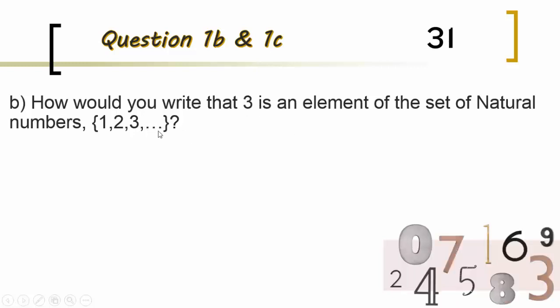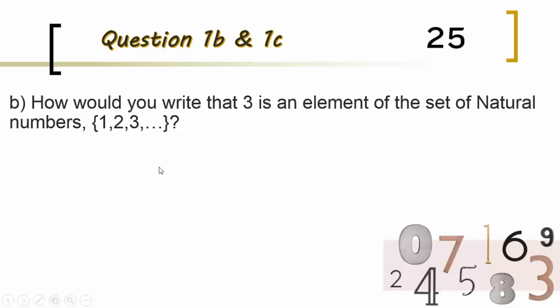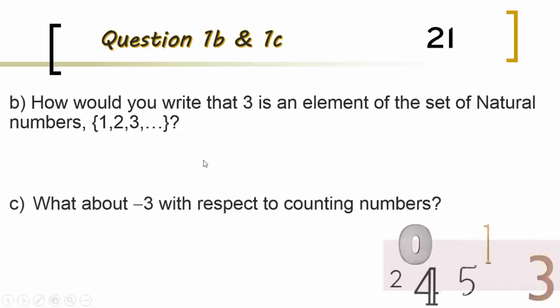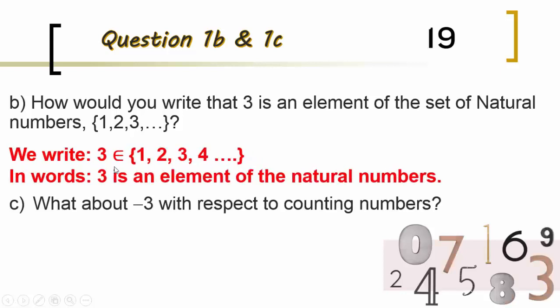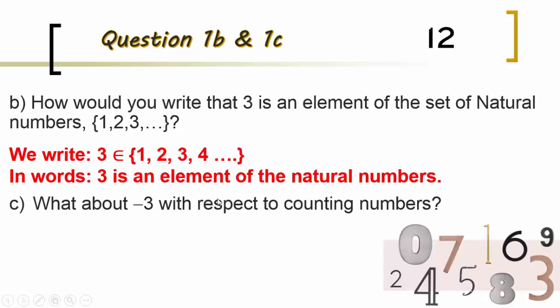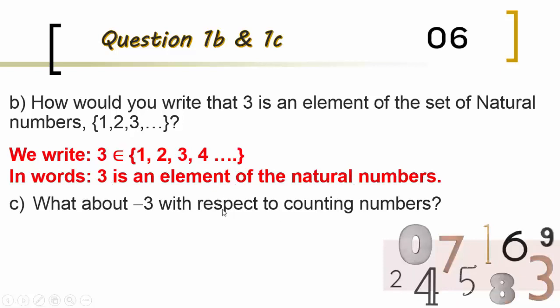We just don't write them all out because it would take forever to write all the natural numbers, so we just wrote a few. So we write 3 is an element of {1, 2, 3, 4, ...} with as many numbers as we want, and then dot, dot, dot. In words, 3 is an element of the natural numbers.